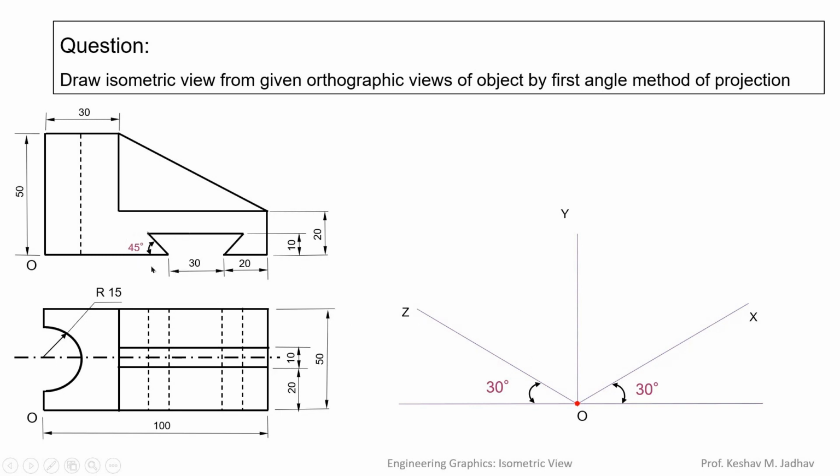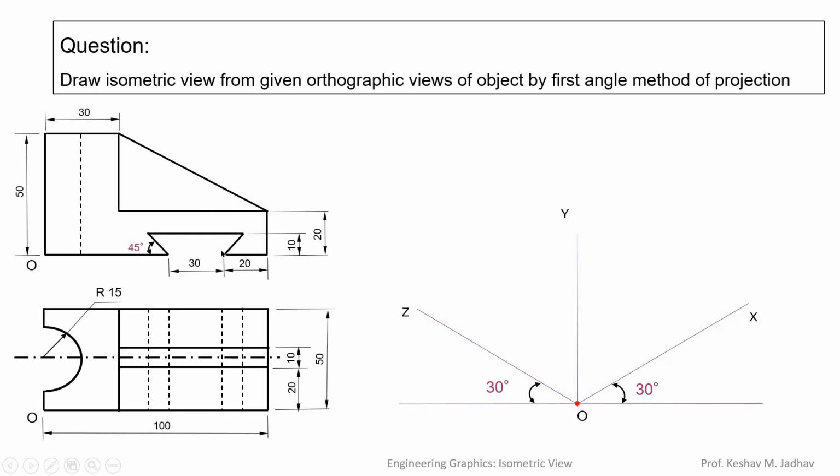So there is a different procedure to draw such non-isometric lines. Also, you can see here this line is inclined at 45 degrees to this horizontal line. In isometric view we cannot take the inclination as it is, so I will explain in detail how to draw such non-isometric lines in further slides.